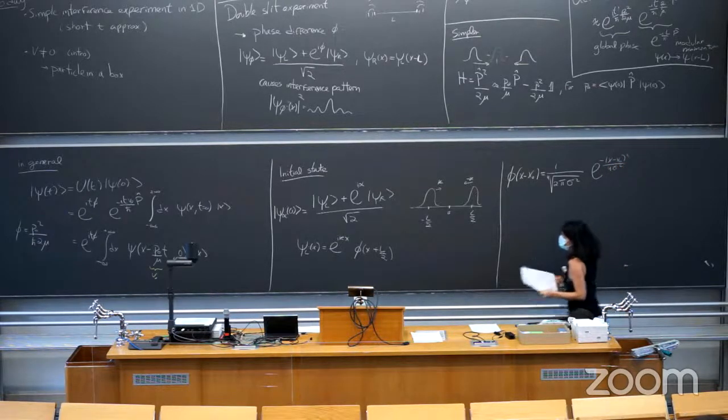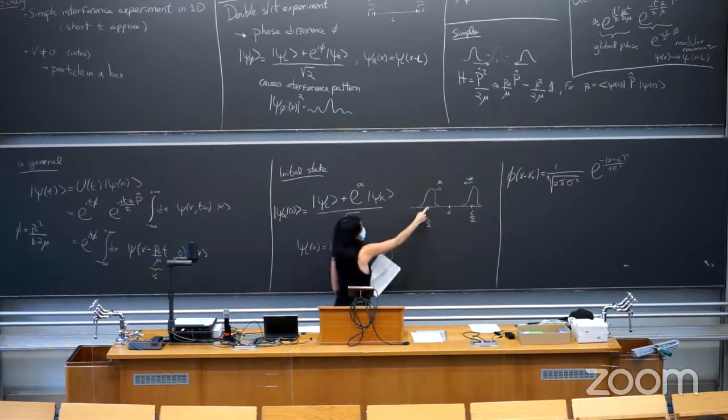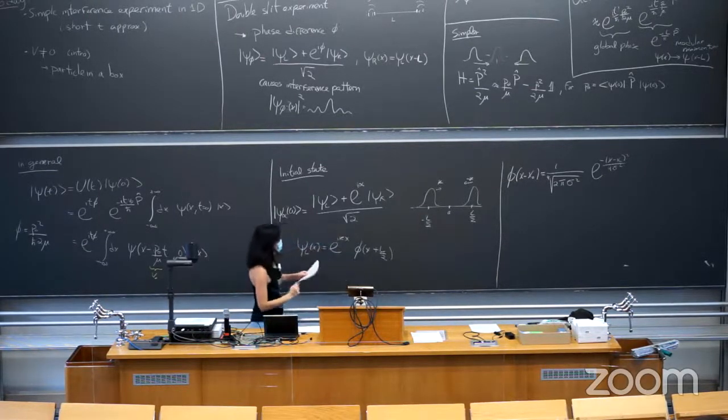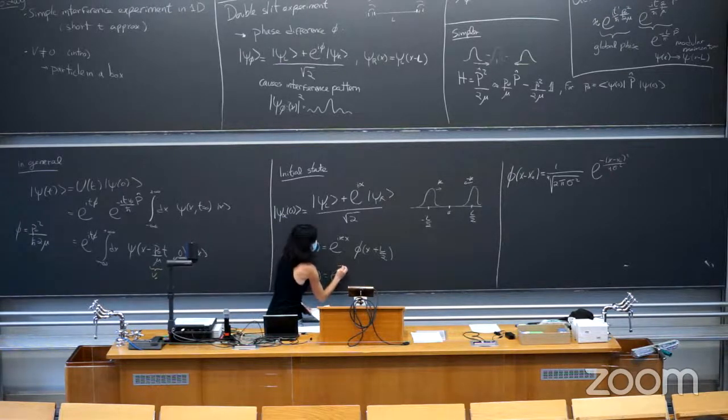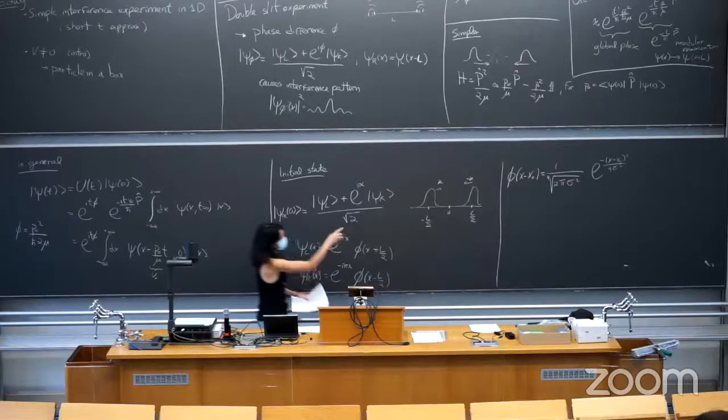So if I have this, I have a Gaussian envelope centered around here and moving in this direction. Whereas for the other one, I want it moving in the opposite direction, and centered around plus L over 2. So far, so good.